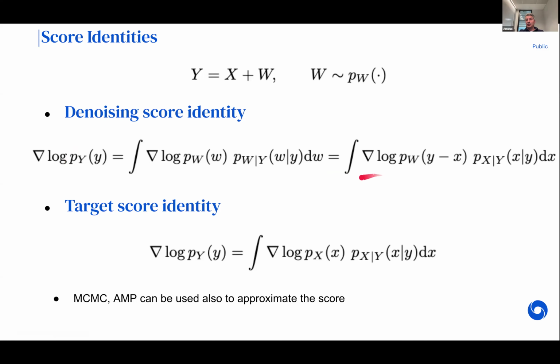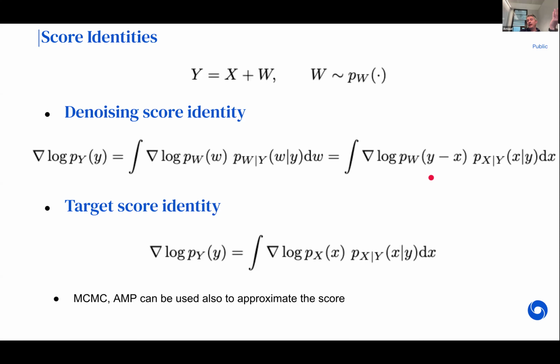It tells you that the gradient of log p_y, the score of y, is nothing but the gradient of the log of the noise density, which is typically Gaussian so you can evaluate that, but you need to compute the expectation of that with respect to the conditional distribution of x given y.